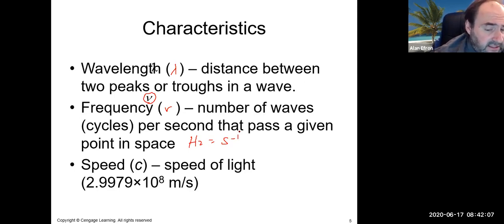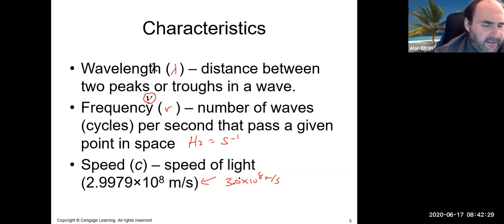Now, c is the speed of light. That's a constant. Yeah, good question. I personally don't use this number either. It seems like a lot of digits. I personally use 3 × 10⁸ meters per second. So that's perfectly fine. You could use that number. If you want to use the bigger number, you can.